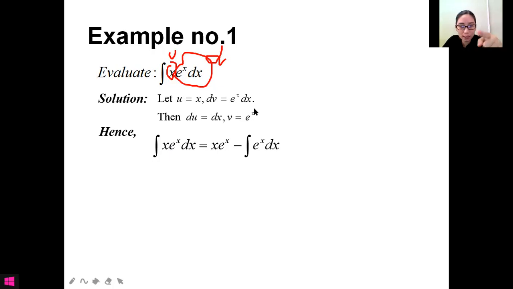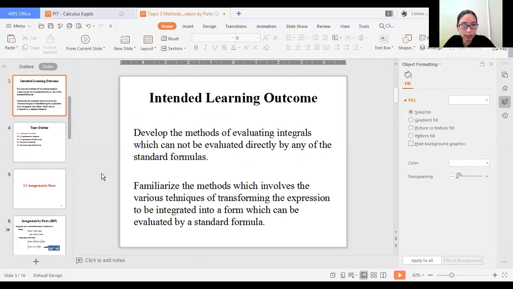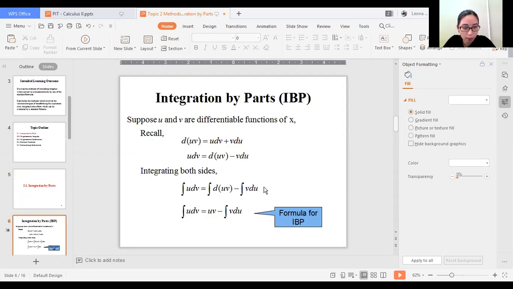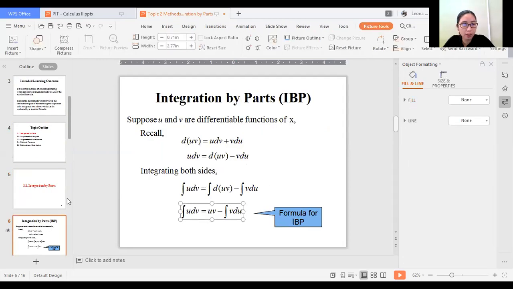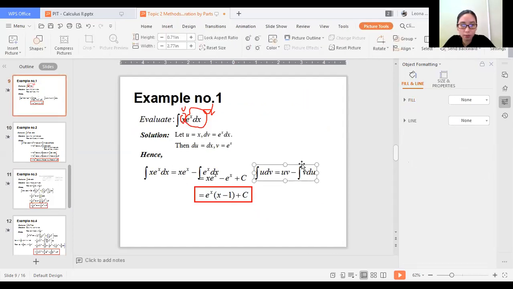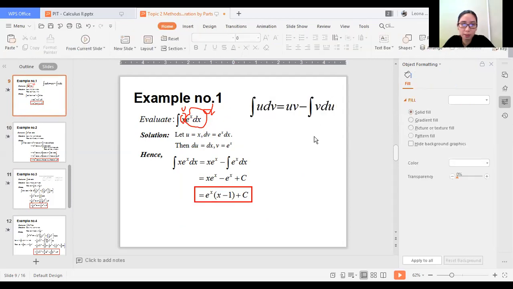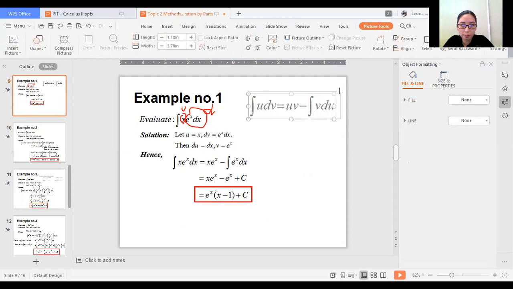Our v is e to the power of x, times du, which is equal to dx. Let us go back and paste the IBP formula here so that you will remember it.